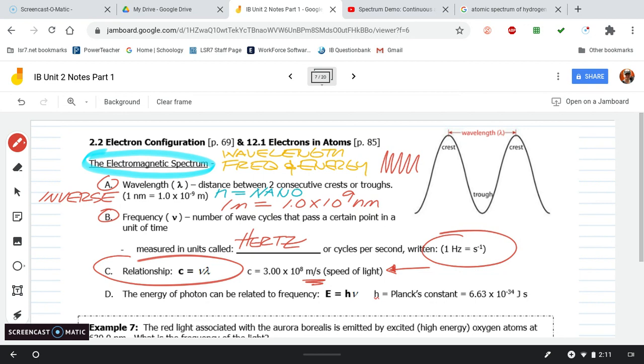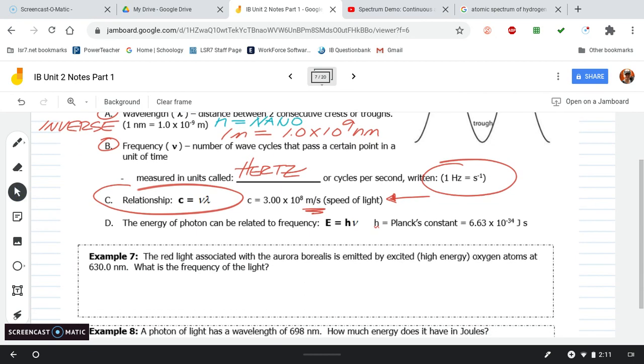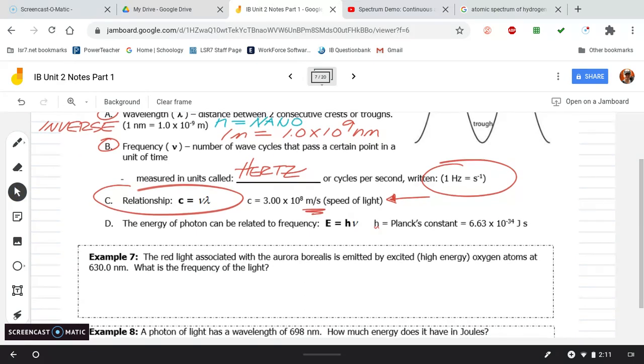The other equation is the energy of a photon. When we're talking photon, we're talking a particle of light. The energy of a photon can be determined using Planck's constant, right there. The energy equals Planck's constant times frequency. These are a couple of formulas that are in your data booklet, which you can use on the IB exam.